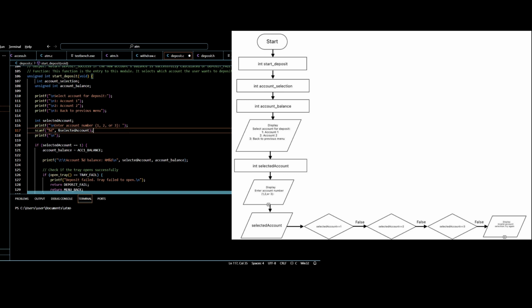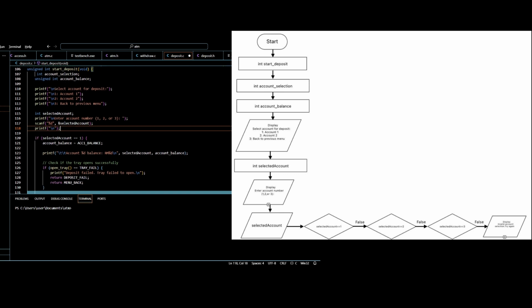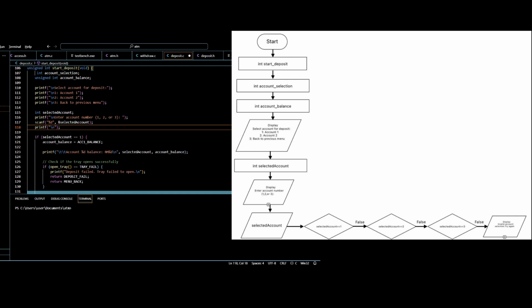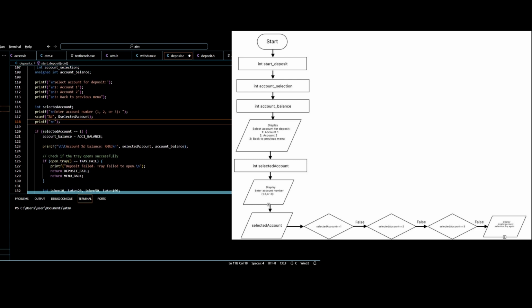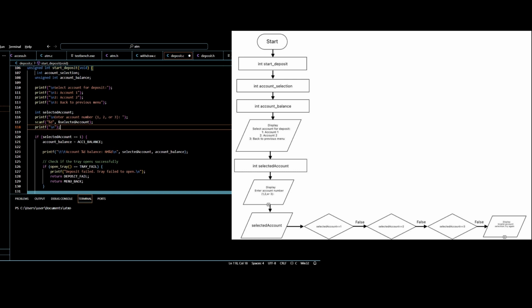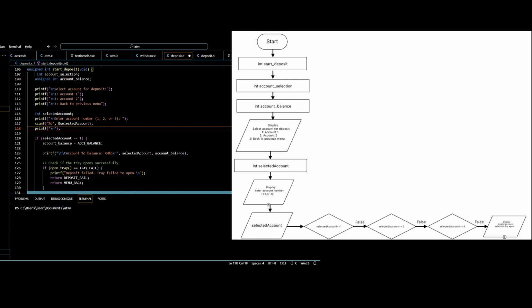For scanf, %d selected account is to read the user's input and store it in the selected account variable. For printf, %n is functioned as prints a new line for formatting purposes. And the last one, return selected account. This is functioned as returns the selected account number. This allows the calling function to determine which account the user wants to deposit money into.